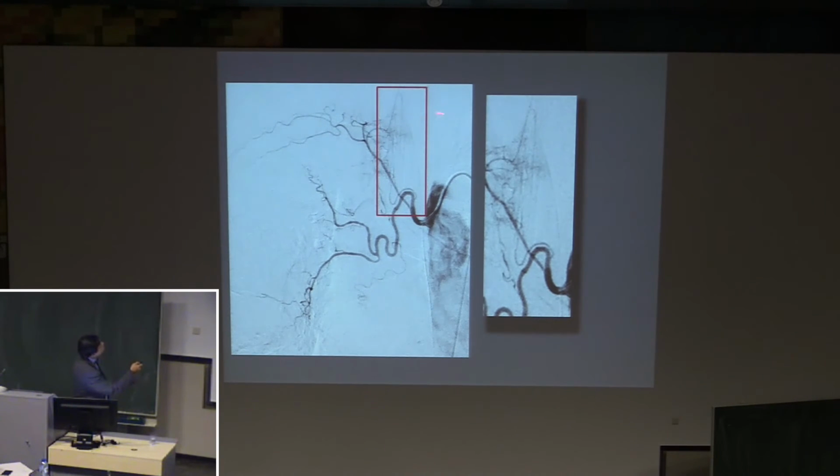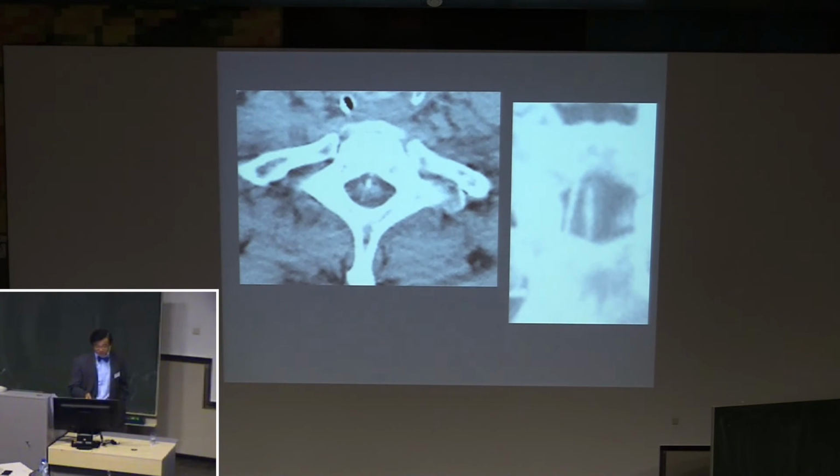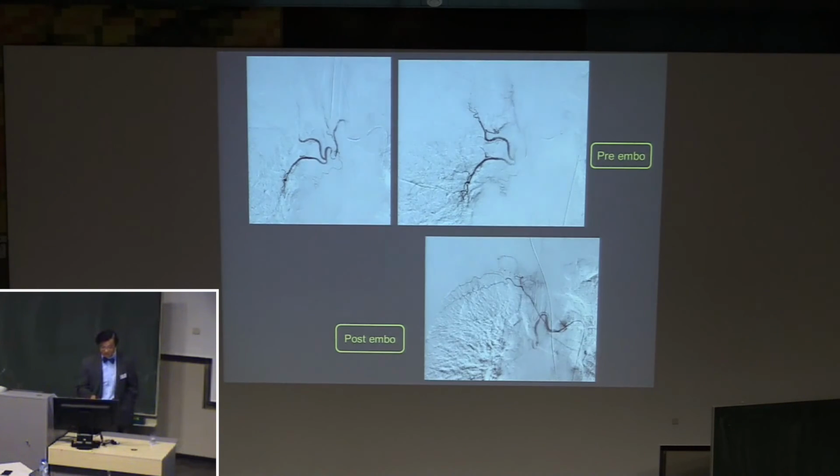And we know that the spinal artery can have collaterals coming from the bronchial arteries. Now, to be very sure, we performed the CT as we injected into the bronchial artery, and here you can see enhancement of the spinal artery, with reconstruction showing that spinal artery. So this gave us the indication that we had to go distal to that branch to perform the embolization, and we managed to embolize the bronchial arteries and the collaterals safely without any complication.